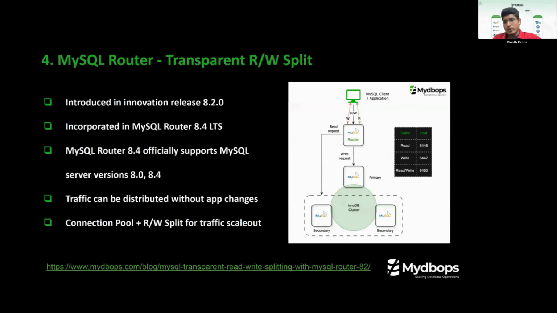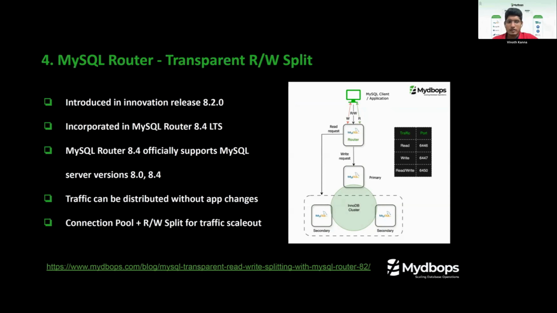And the next feature I'm going to talk about is MySQL Router, with the ability to do transparent read-write split. So InnoDB Cluster guarantees high availability for us. Whenever the state changes in primary and secondary, if the primary node goes down, we can immediately have another secondary get elected as primary.